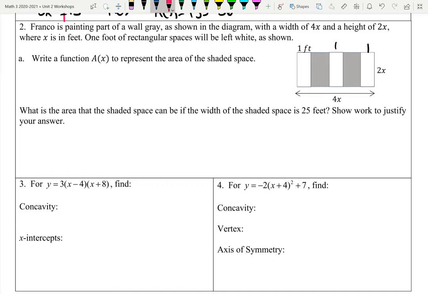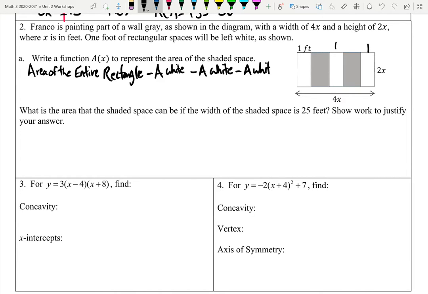So in order to do this, what we're going to do is find the area of the entire rectangle and then subtract the area of the white space, the area of the white.